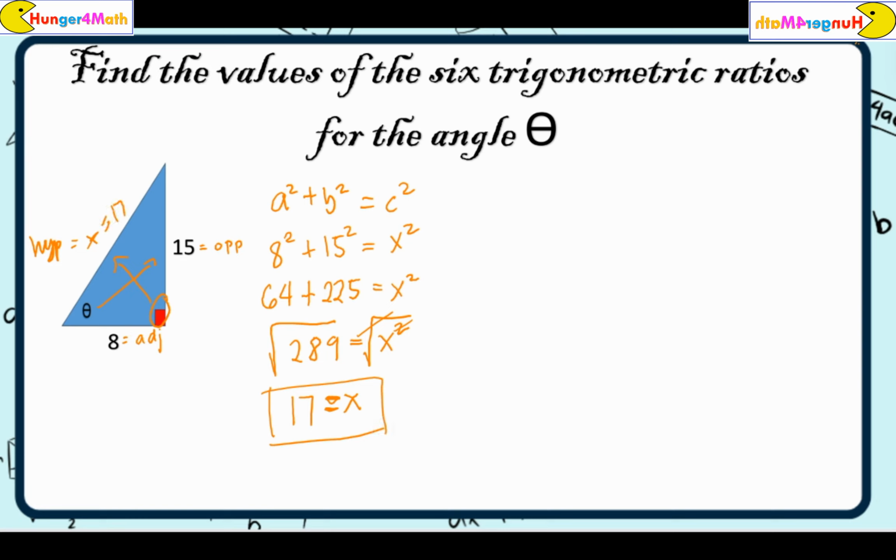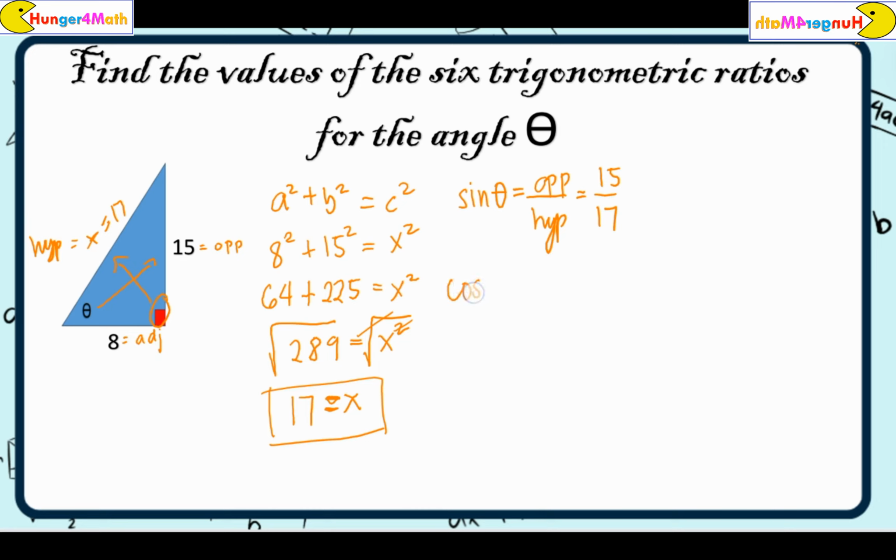Now we can find the values of the 6 trigonometric ratios. For the sine theta is equal to opposite over the hypotenuse, and the value of the opposite is 15 over the hypotenuse of 17. So the sine theta is equal to 15 over 17.